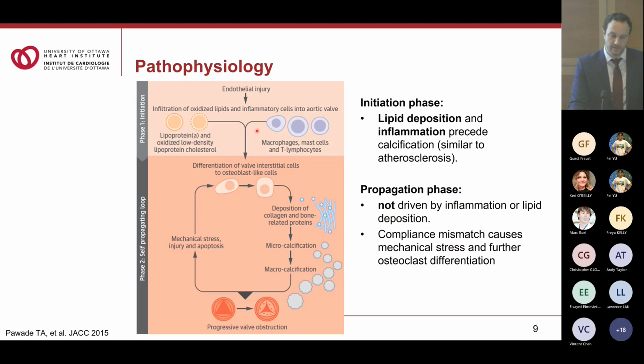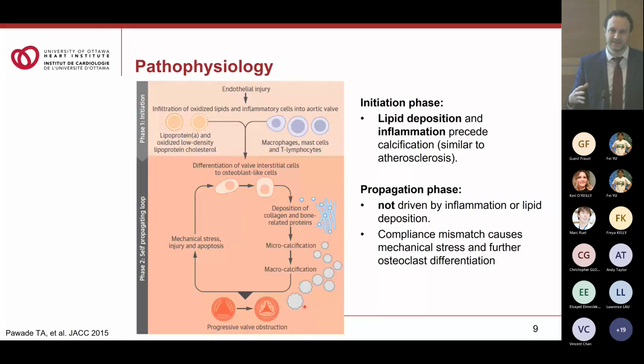Once the process is initiated, the valve interstitial cells within the valve will then differentiate into osteoblasts. Osteoblasts will lay down collagen that will eventually become calcified, initially with microcalcification and then macrocalcification.